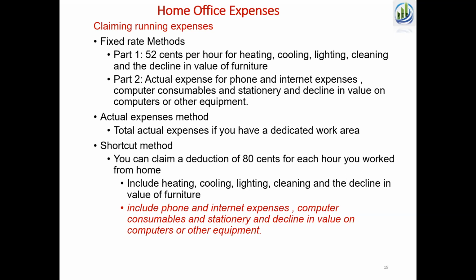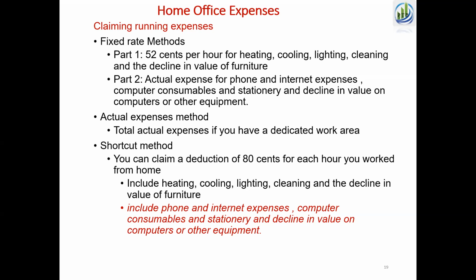You can see I put in red your phone, internet, computer, almost every part of the expenses included here. Therefore, if you use the 80 cents method, you cannot separately claim your phone expense or internet expense or purchase of a computer or the declining value of the computer or stationery or anything. So that may sometimes be a disadvantage of using the 80 cents method.